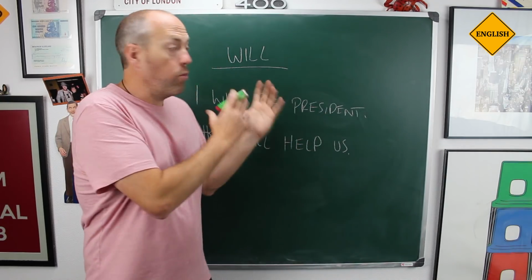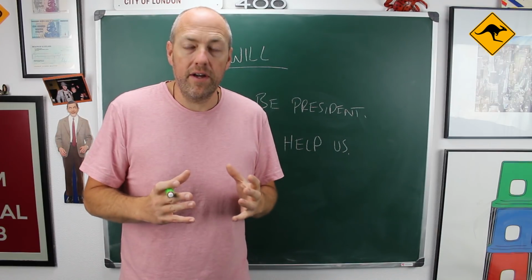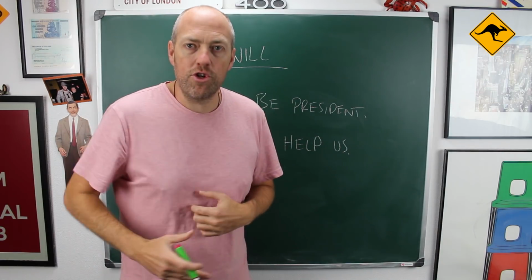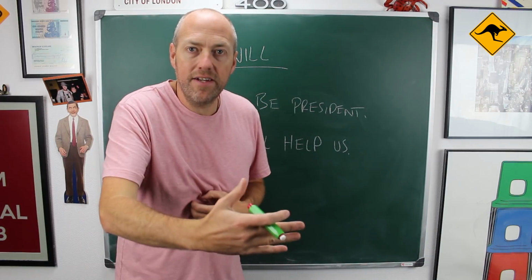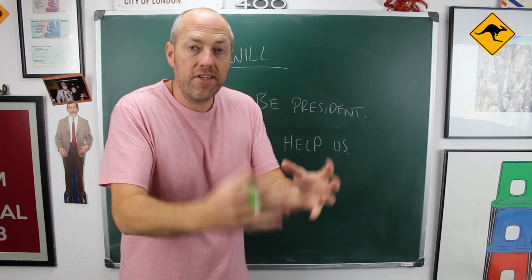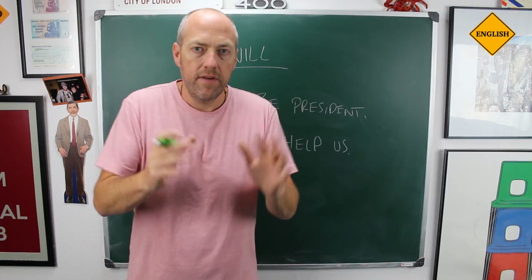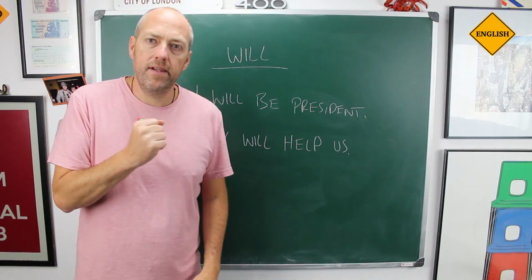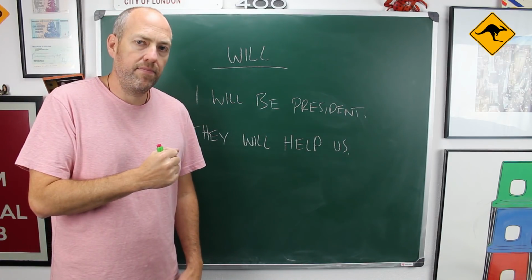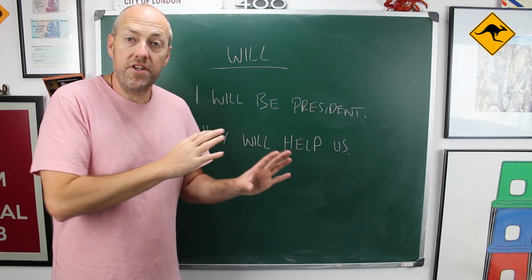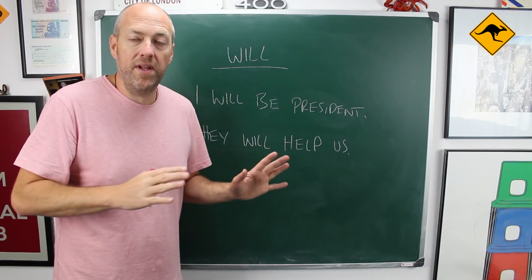So when we use will to talk about the future, we are making a prediction based on our intentions, our desires, what we want to happen in the future. For example, I will be president, and they will help us. So there is actually this restriction on the use of will.